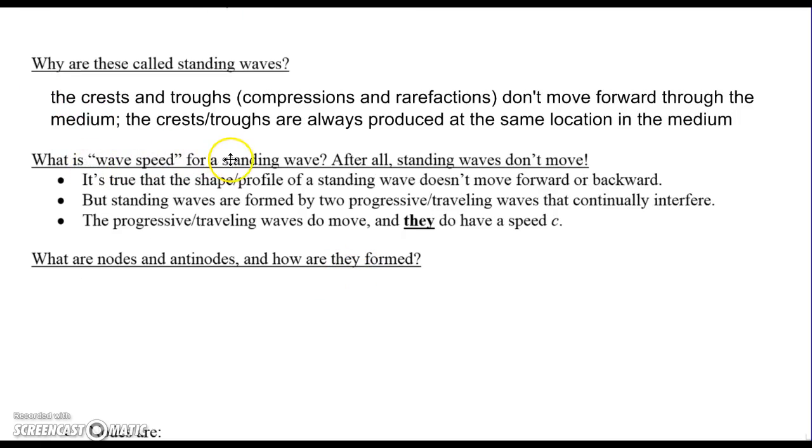But then what is wave speed for a standing wave? I mean, if the crests and troughs have a speed of 0, what is the wave speed? C. Remember, wave speed is c? In fact, remember how you have the equation c equals f lambda?